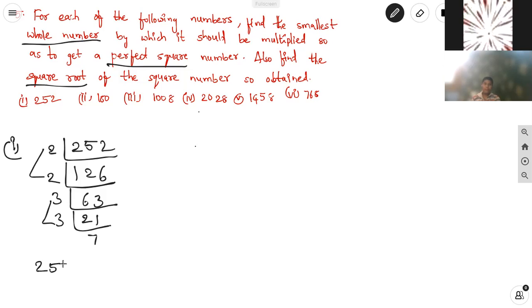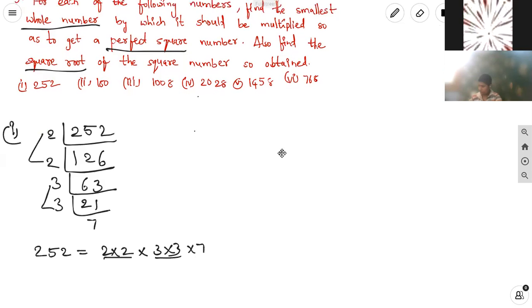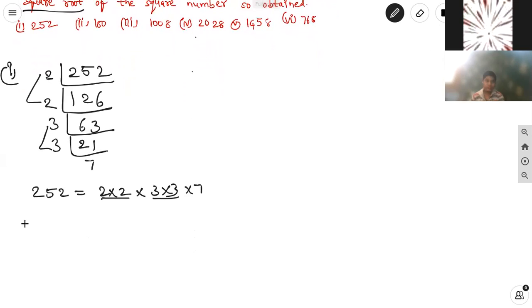So 252 equals 2 into 2, it is in pair, into 3 into 3, it is in pair, but 7 is not in pair. So we should multiply here. 7 is not in pair.